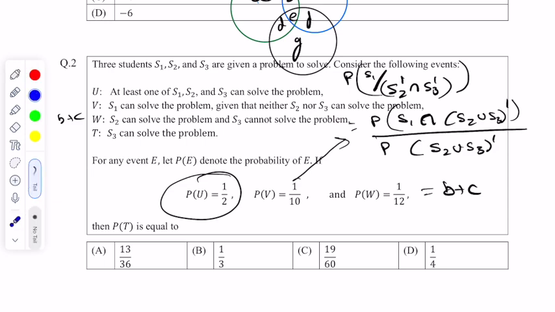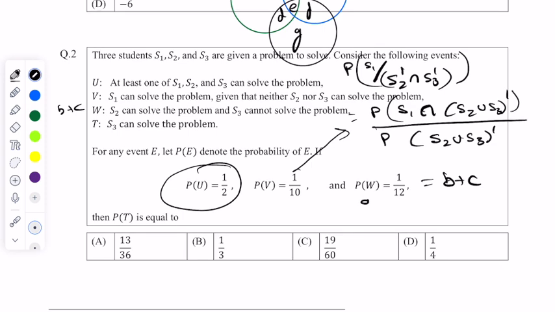Now what will be S1 intersection (S2 union S3) whole complement? So we want that neither S2 nor S3 should be there. So this part is gone. It will be just A. So if I have to put the values, we will get it as A upon, now coming to the S2 union S3.